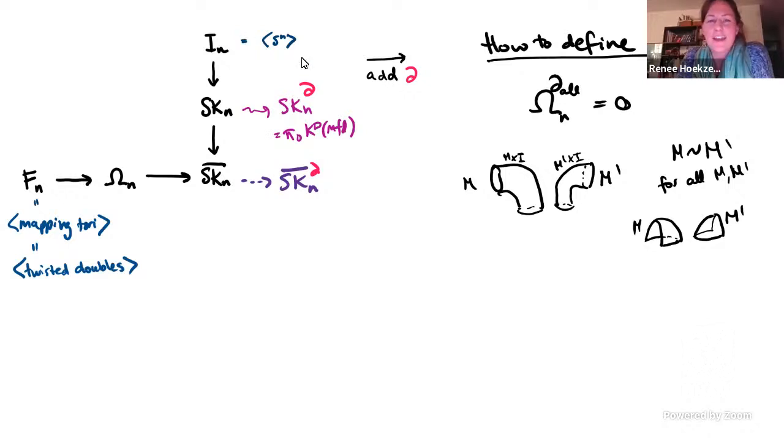Okay, so first, in order to define this question, I need to define what SK bar boundary is. This is not entirely trivial because I'm now working with manifolds with boundary, and I want to quotient them both by an SK relation and by a cobordism relation.